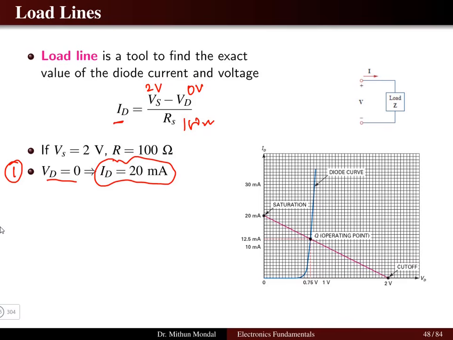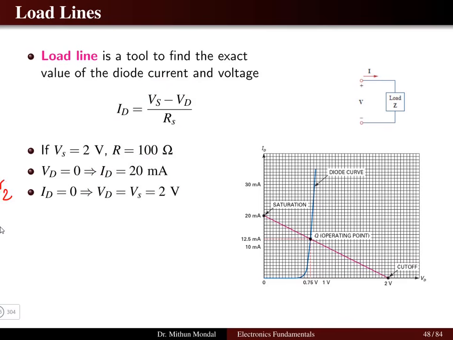In the second case, if we set the diode current to be 0 ampere, the Vs is 2 volt and Vd is also 2 volt, that is possible under this case only. Then we can draw the curve of the diode voltage and the diode current, the diode curve obtained because of the voltage Vd and the current Id.